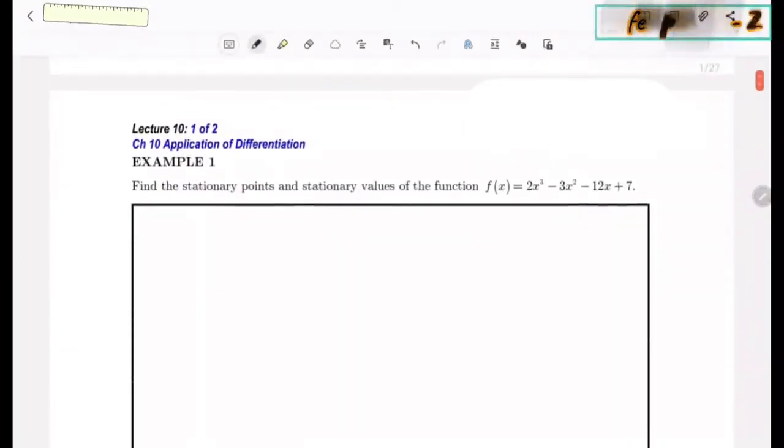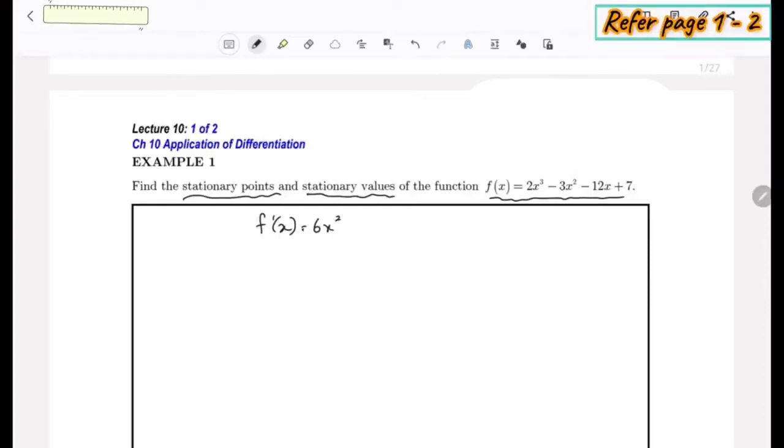Find the stationary points and stationary values of the function f(x) here. The first step is to get your f prime x. So differentiate f(x), and you will get 6x squared minus 6x minus 12. For stationary points, f prime x equals 0.